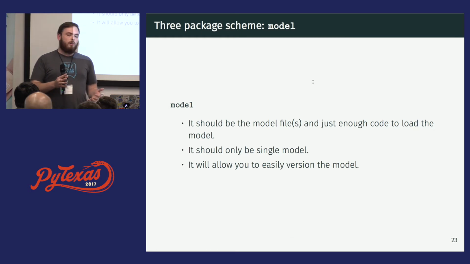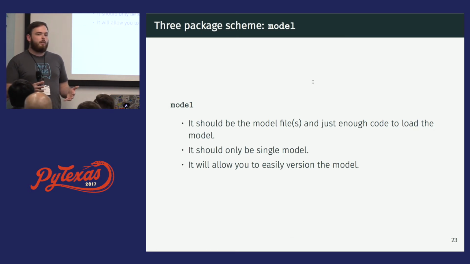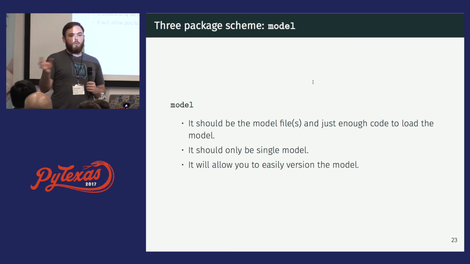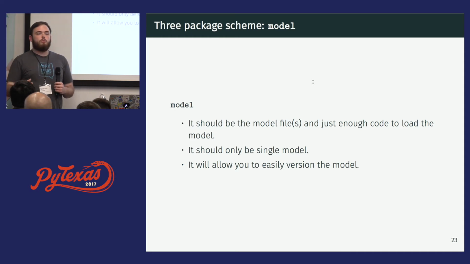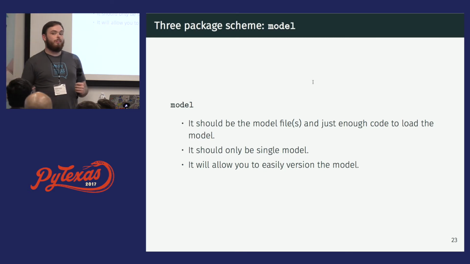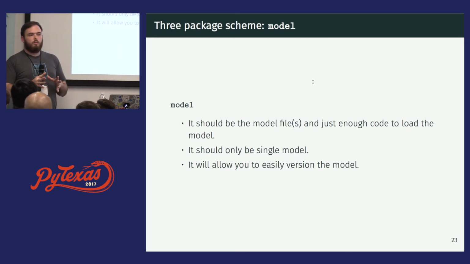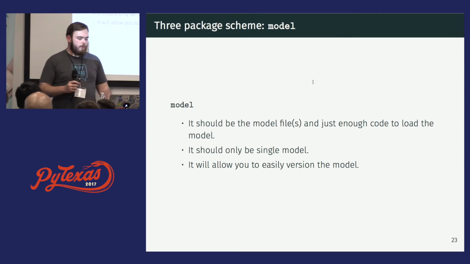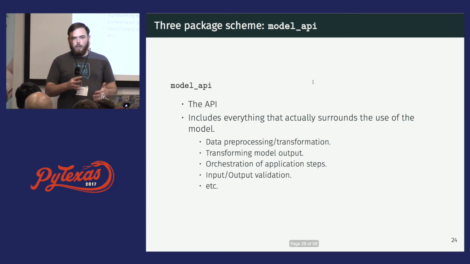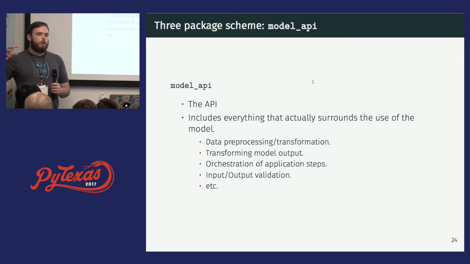The model package will include the model file, or at least some sort of reference to the model file if you're hosting it elsewhere, because maybe it's really large. And it should be just enough code to load it, and that's it. The model API package will be what your end application is actually going to interact with.